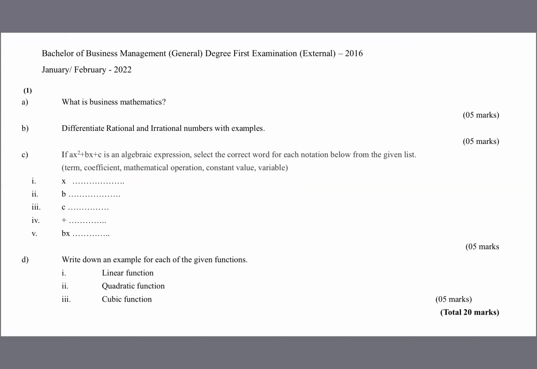And the next section is to write down an example for each of the given functions. Very easy, they ask only for an example. For a linear function, you know that the unknown variable's highest power should be 1. So as the linear function, you can write y equals or f(x), both.